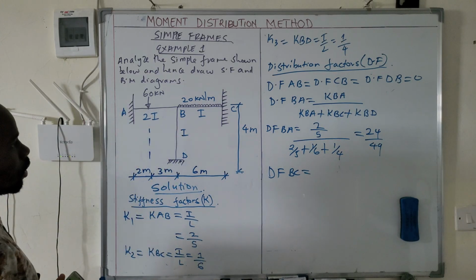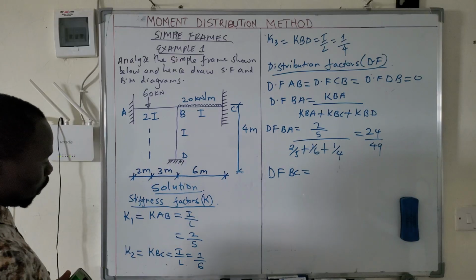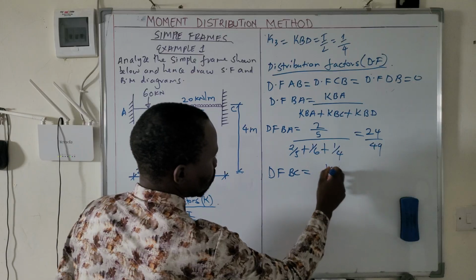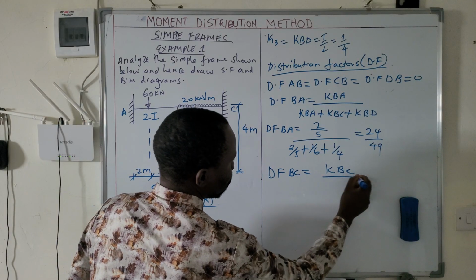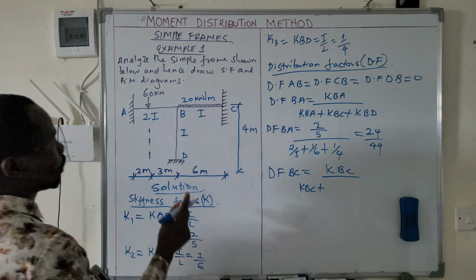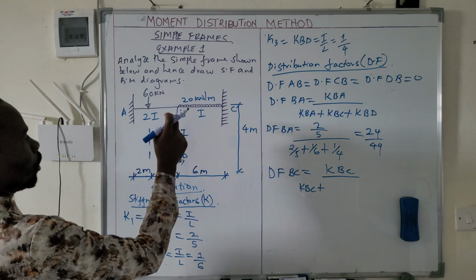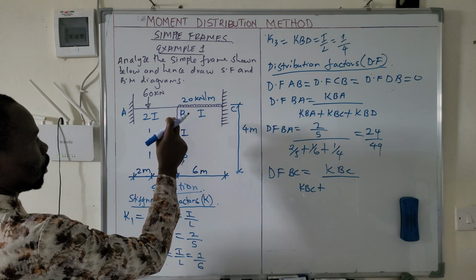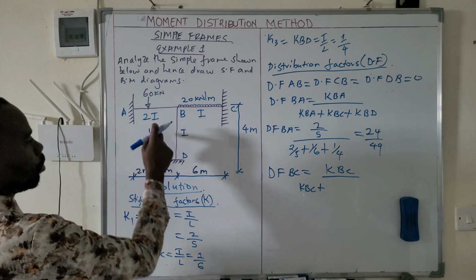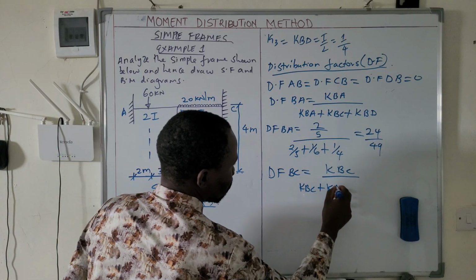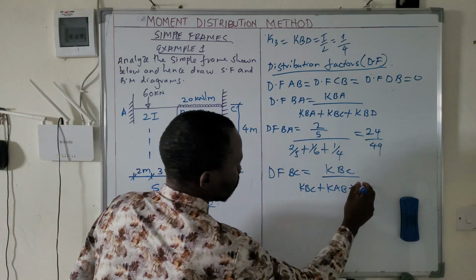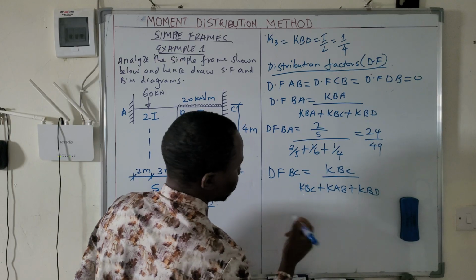So the DF BC, it will be KBC over KBC again plus KAB plus KBD.